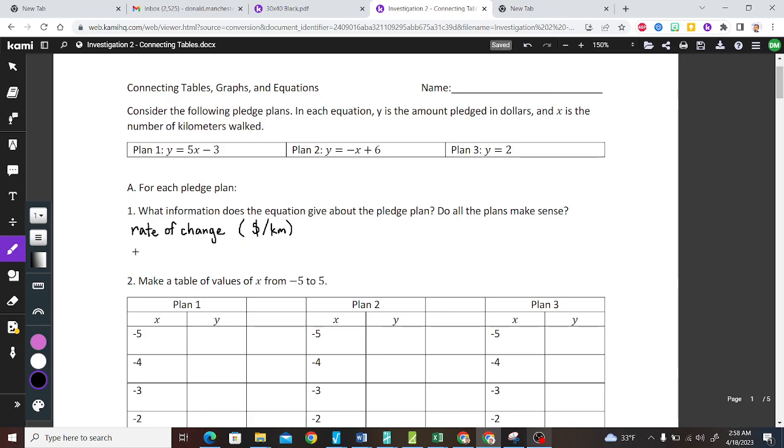And it also gives the, we could call it the y-intercept, which might be the best thing to call it, although that's related to the graph. Which we've also called the starting value.